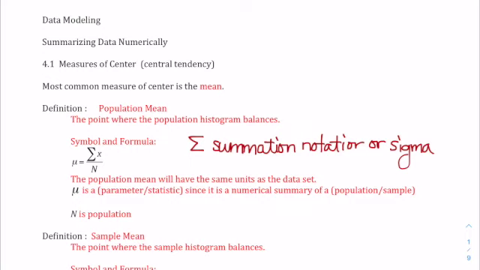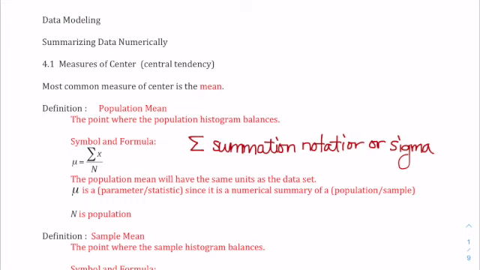The sample mean is the point where the sample histogram balances. The symbol and formula is x with a bar over it, which equals the summation of x sub i, over little n.